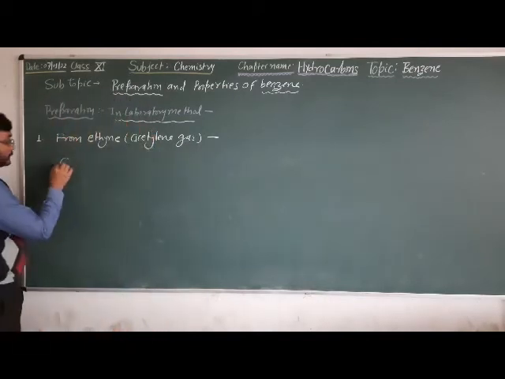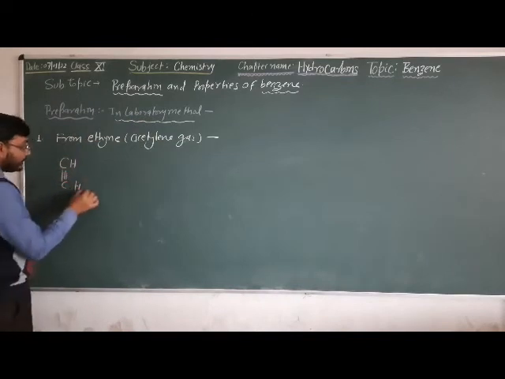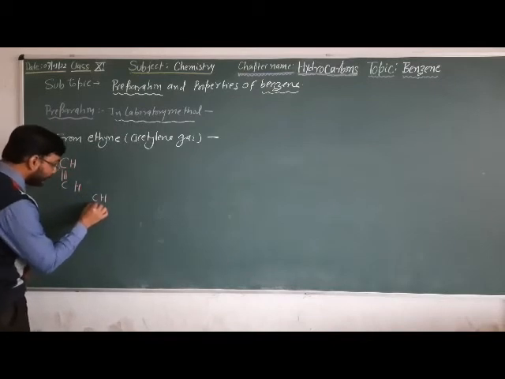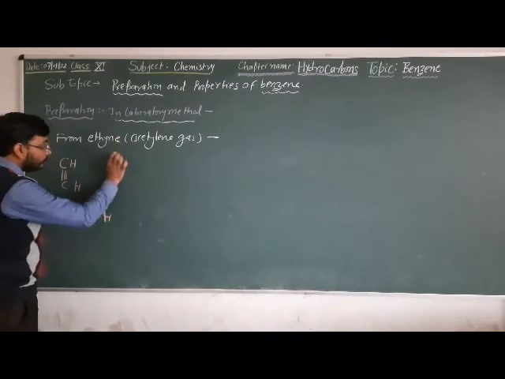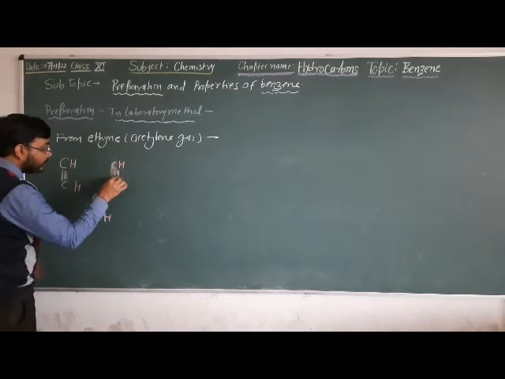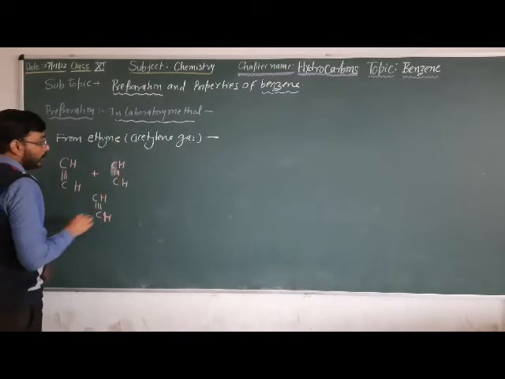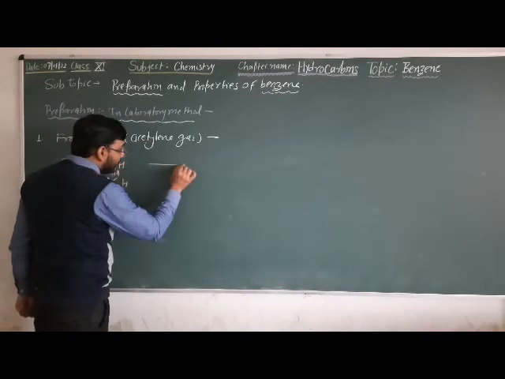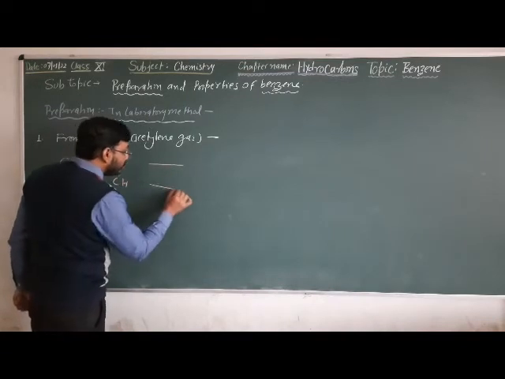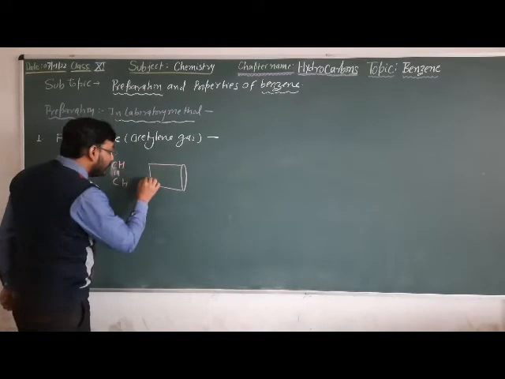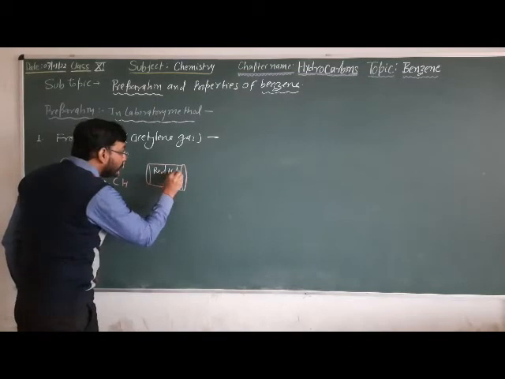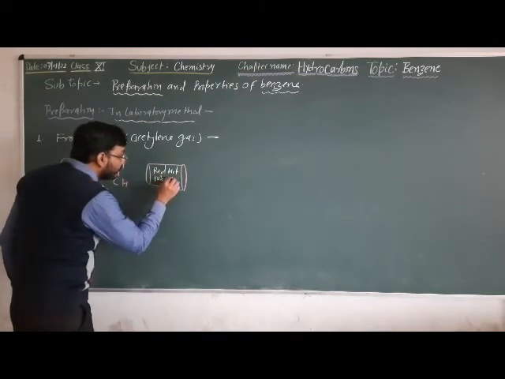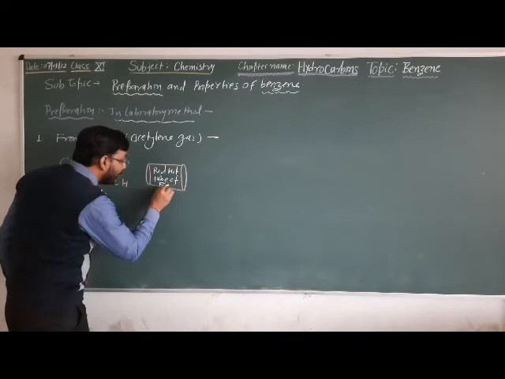Just take acetylene gas, 3 molecules of CH≡CH, and allow to pass these molecules through a red hot tube of iron, Fe.